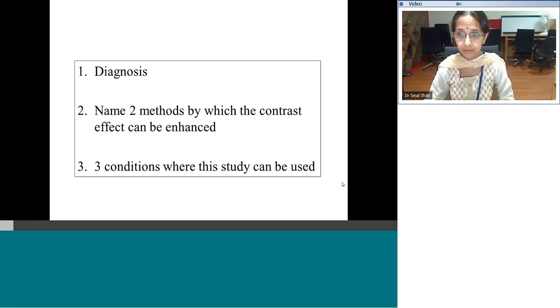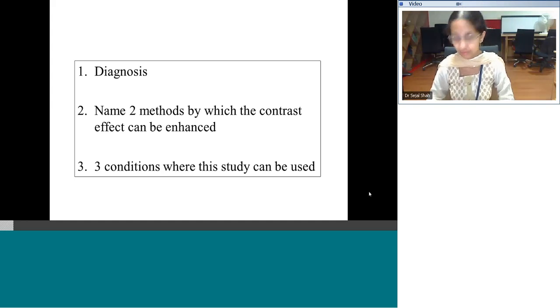And can you name 3 conditions where this study can be useful? You could name conditions other than pulmonary AV malformations where you have seen this study being used. BDG, yes. So single ventricle, I think, is a very important subset where you could consider using contrast study. Fontan fenestration, PH, abnormal systemic venous drainage.